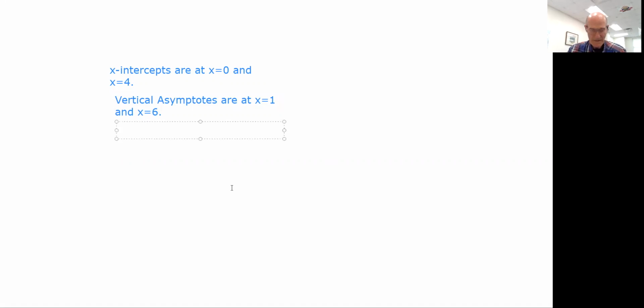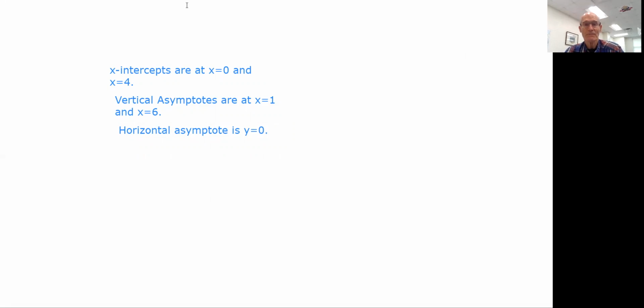And then we will say that the horizontal asymptote is y equals 0. Now, given this information, we have to find an equation that satisfies that given information.